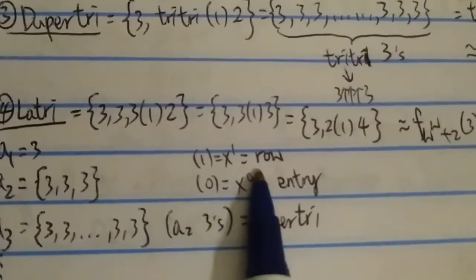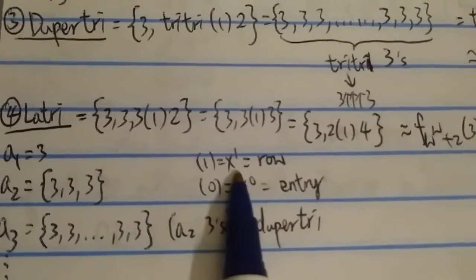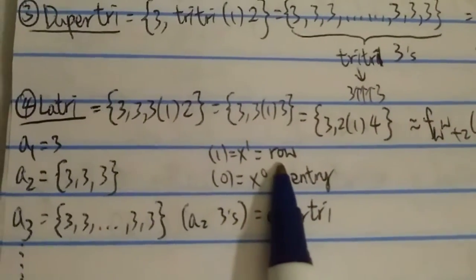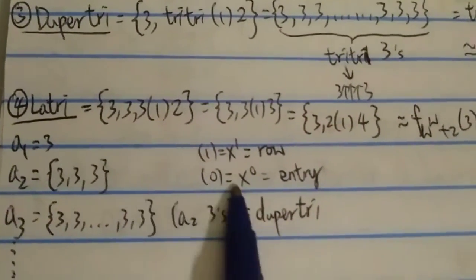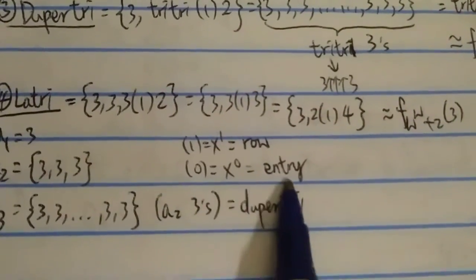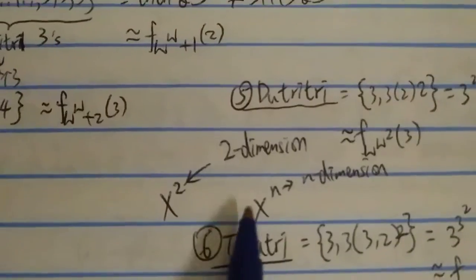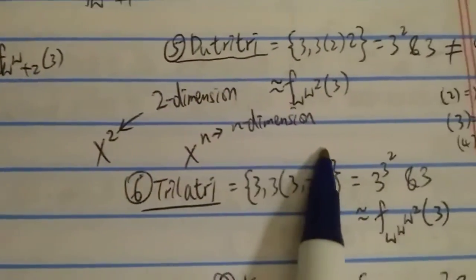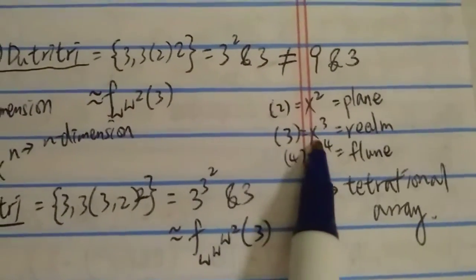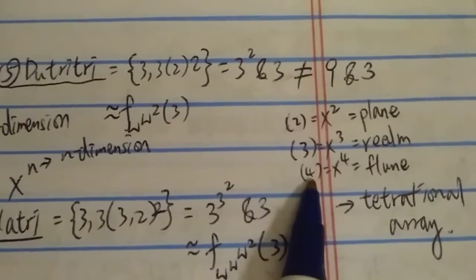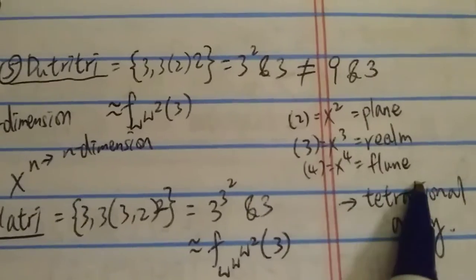Here the 1 stands for, it kind of means the x to the power of 1 structure, which means a row. And if it's a 0, it means the x to the 0 structure, which is an entry. And x to the 2 means a plane, and x to the 3 is a realm, and then x to the 4 is a fun, something like that.